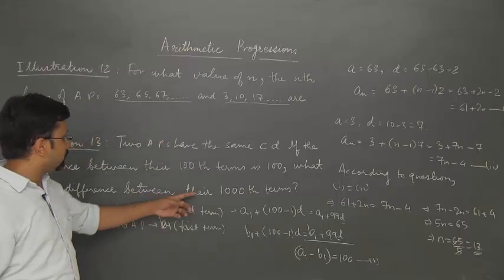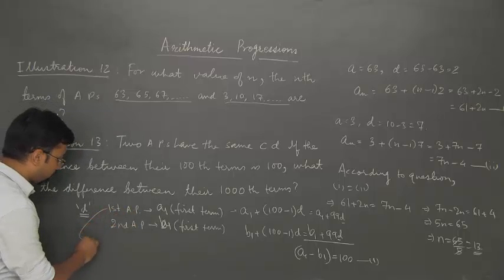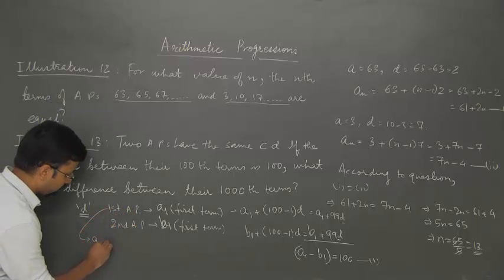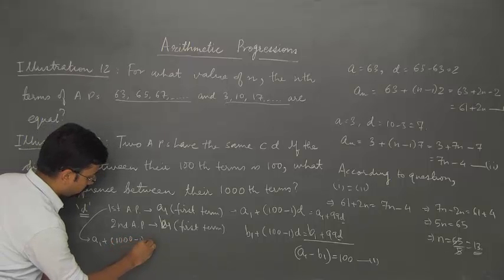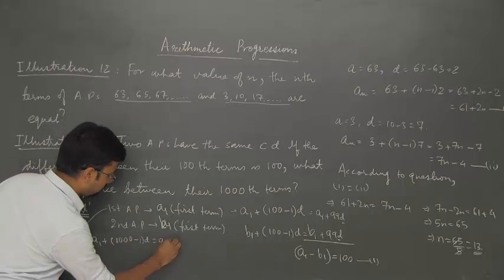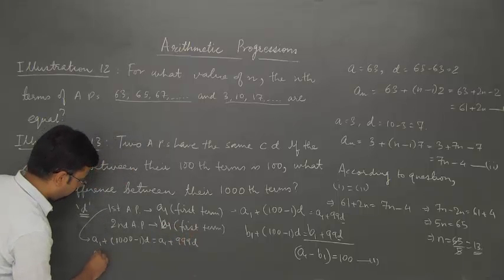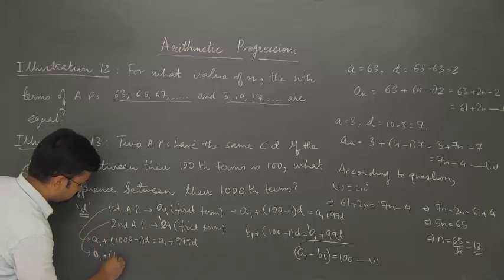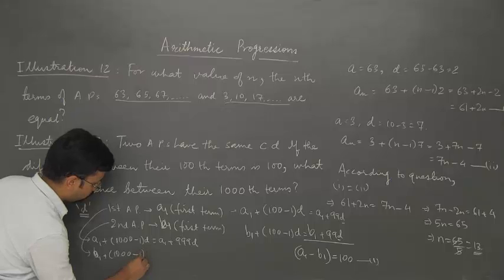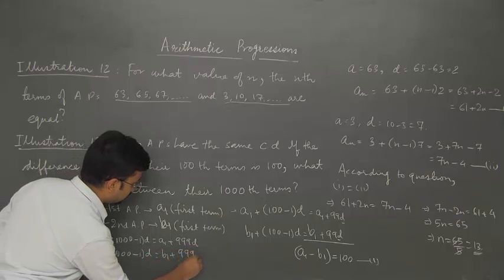Now we have to find the difference between their 1000th terms. The 1000th term for the first AP will be A1 plus 1000 minus 1 into D, that's A1 plus 999D. And for the second AP, it will be B1 plus 1000 minus 1 into D, that is B1 plus 999D.